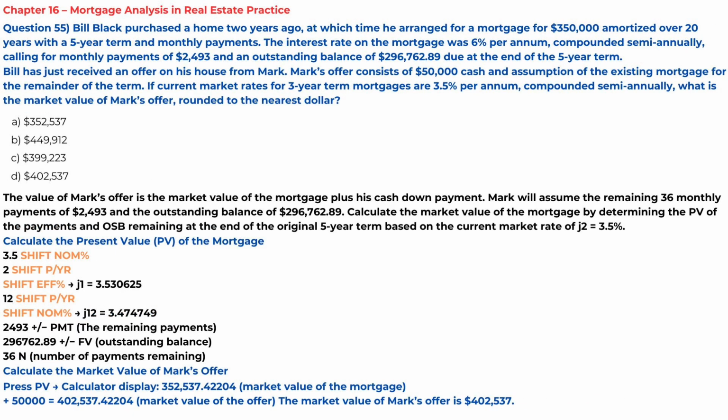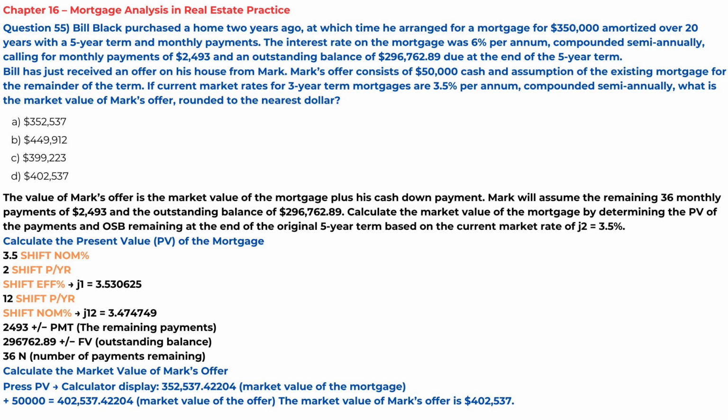Question 55. Bill Black purchased a home 2 years ago, at which time he arranged for a mortgage for $350,000, amortized over 20 years with a 5-year term and monthly payments. The interest rate on the mortgage was 6% per annum, compounded semi-annually, calling for monthly payments of $2,493 and an outstanding balance of $296,089, due at the end of the 5-year term.